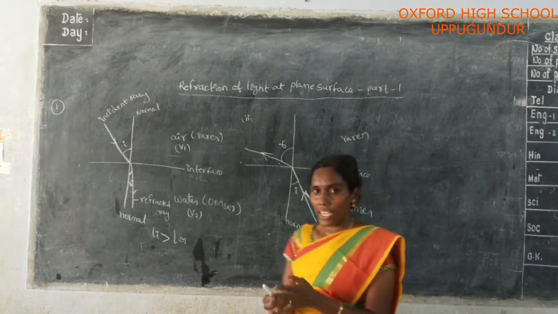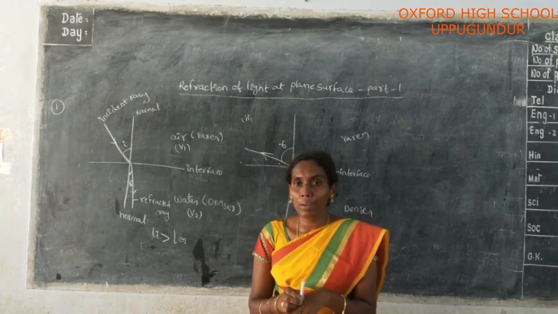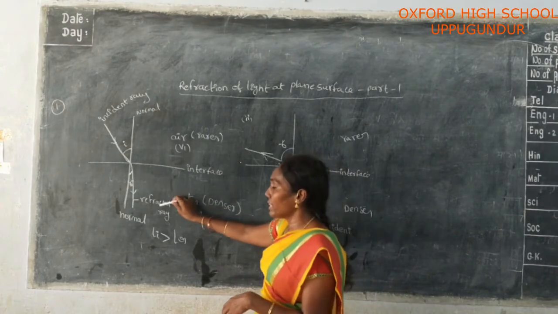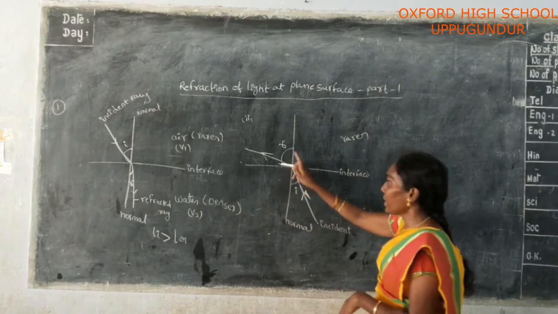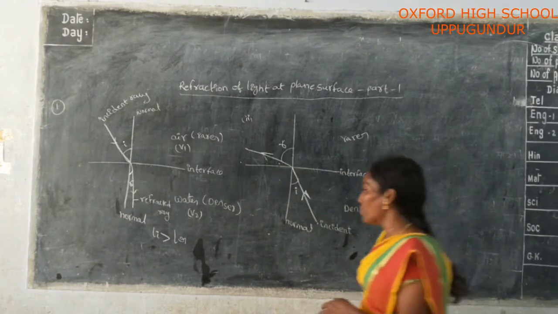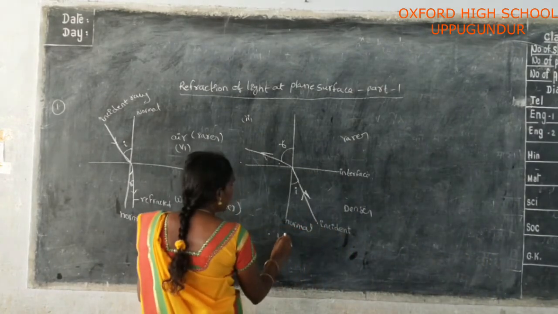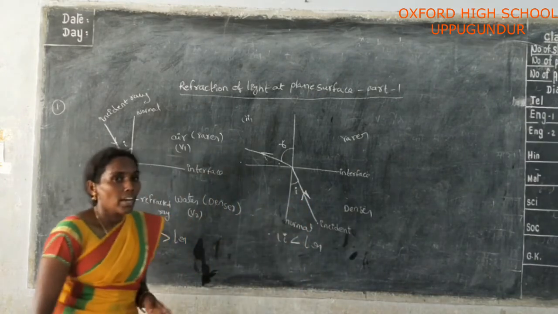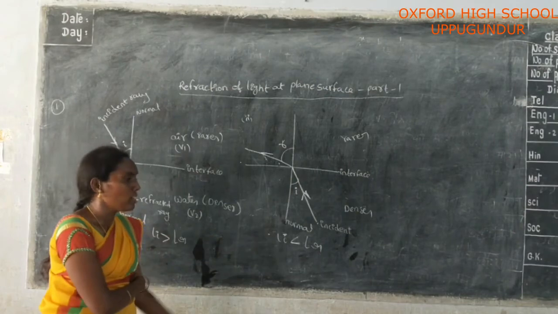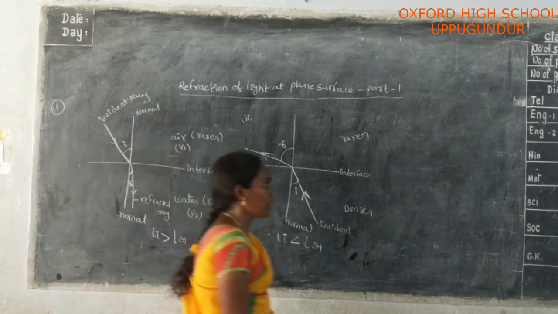In the first case, the refracted ray bends towards the normal; in the second case, it bends away from the normal. In this case, the angle of incidence is always less than the angle of refraction.